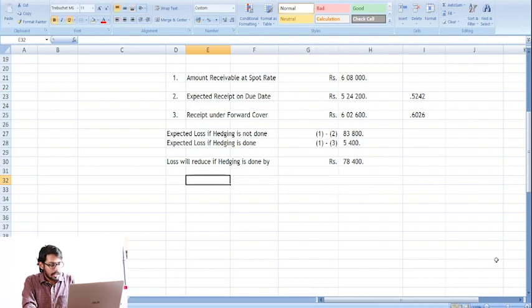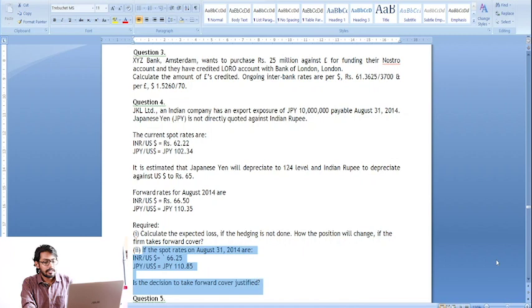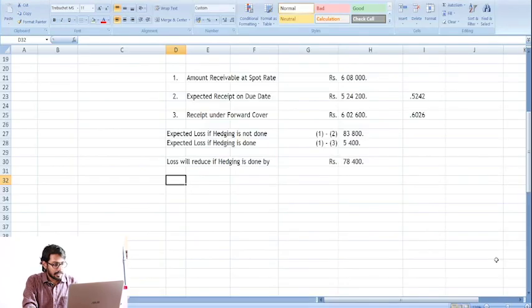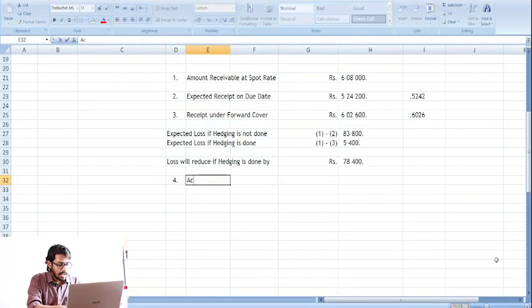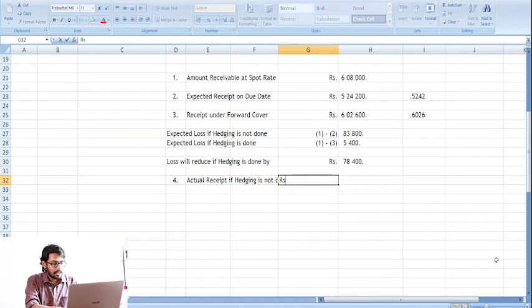Got it? Now part 2, they are asking if the spot rates on August 31st 2014 are so and so, is the decision to take forward cover justified? So you can say fourth one, actual receipt if hedging is not done, rupees.